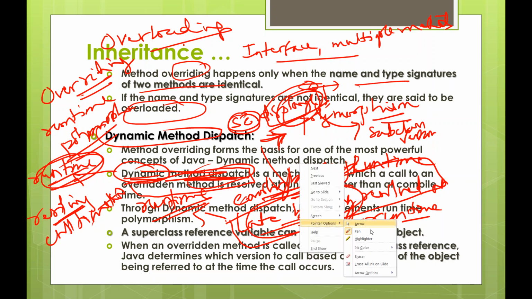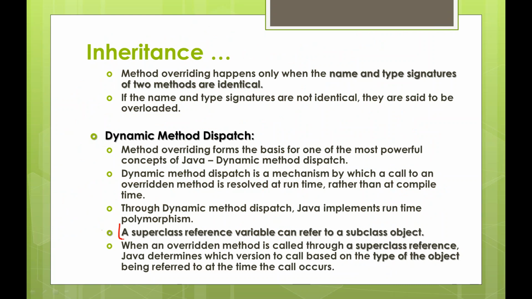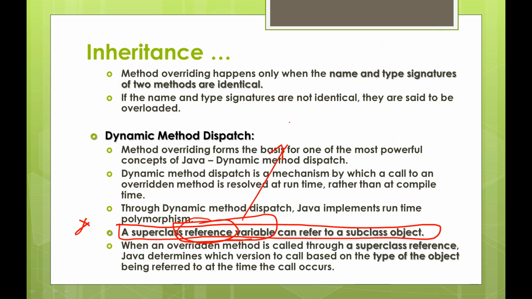The main important point, which we discussed yesterday, is very important and very interesting. When you try to call a method on a superclass reference variable, which overridden method is called? That is the important thing. The version of the method that is called depends, as we discussed in the last class, on the type of the object.